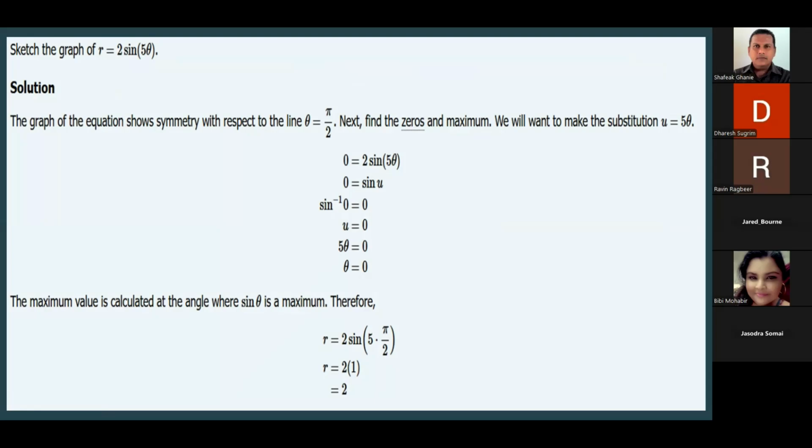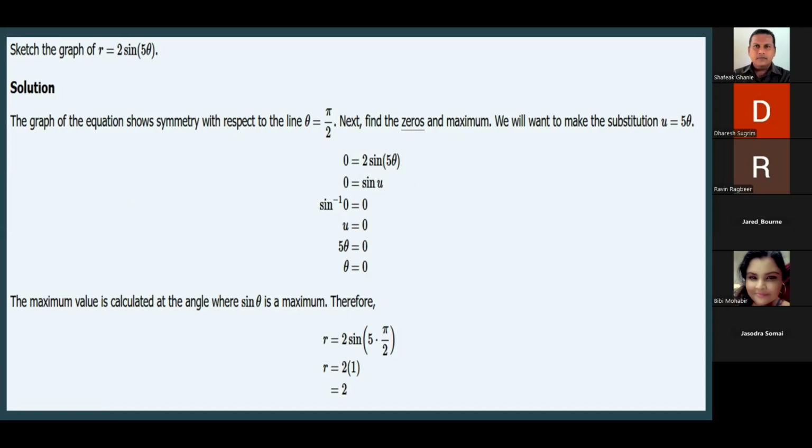Next, we find the zero and maximum value as we did, and we will make the substitution of u is equal to 5 theta. So, as we did earlier, 0 is equal to 2 sine 5 theta. And when we substitute, we have u is equal to 0. So hence, 5 theta is equal to 0, and in this case theta is equal to 0.